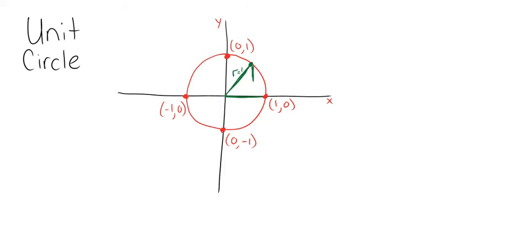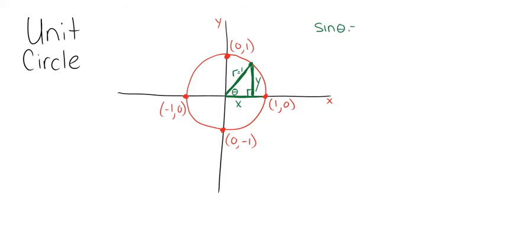And then if we wanted to turn that into a triangle, we would connect it to the x-axis. And then we said if we wanted to label the sides of this triangle, we would call this side x, we would call the vertical side y, and we would call the hypotenuse r, which is just equal to 1, in a unit circle. And the angle is here.